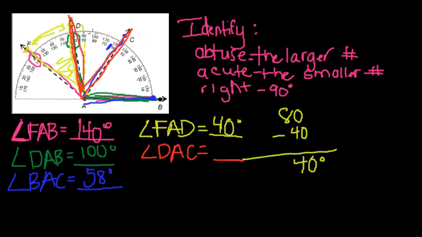So there's 10, 20, 30, 40, 42 or 43. Or I could say this one's 122 or 123. Again, we're getting as close as we can. And this one is 80. I'm using the smaller numbers because it's acute, and I could subtract here and get my 43 degrees.